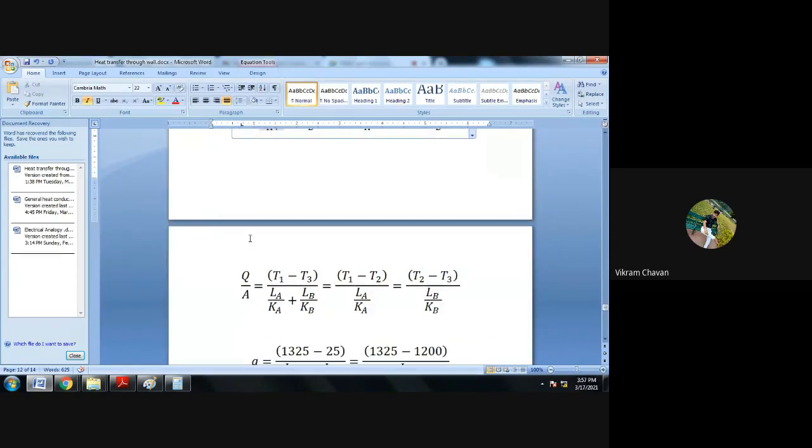So the equation becomes Q divided by A, that is the heat flux, is equal to T1 minus T3 divided by L suffix A divided by K suffix A plus L suffix B divided by K suffix B, which is equal to T1 minus T2 divided by L suffix A divided by K suffix A, equal to T2 minus T3 whole divided by L suffix B divided by K suffix B. Okay, so we have to take two equations out of the three, any two equations you can consider, and you can solve the problem.